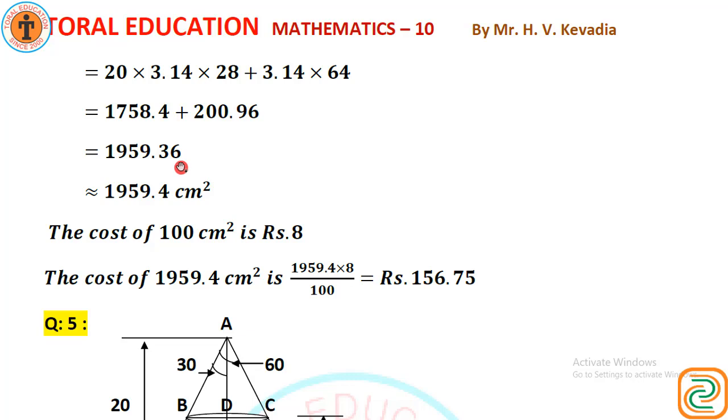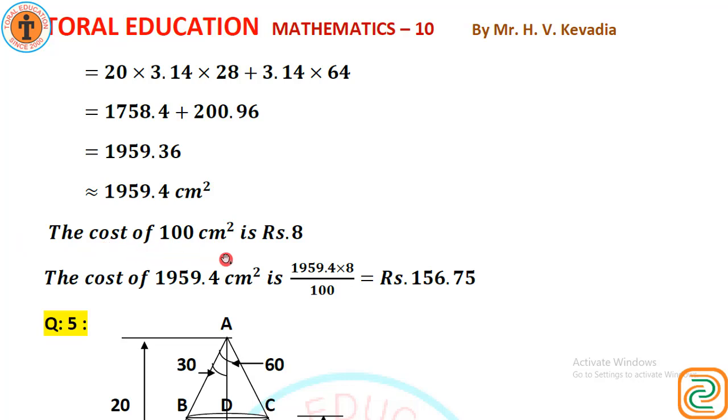Here also corrected up to 1 decimal point, which is nearly, approximately, this symbol gives us approximate value 1959.4 centimeter square. This is the area of the material required, but cost of material is to be found out.